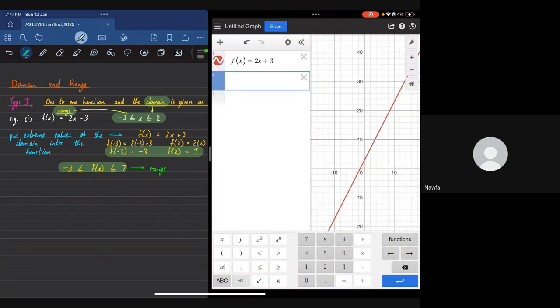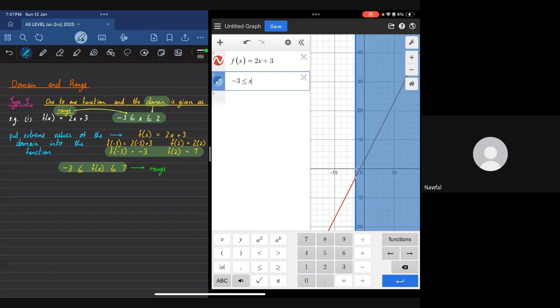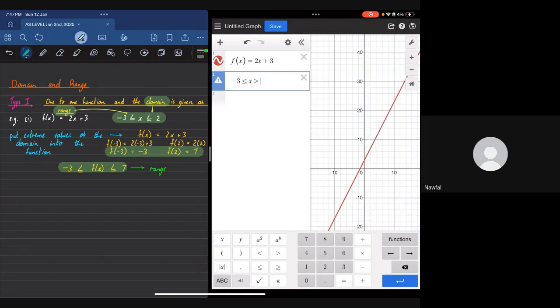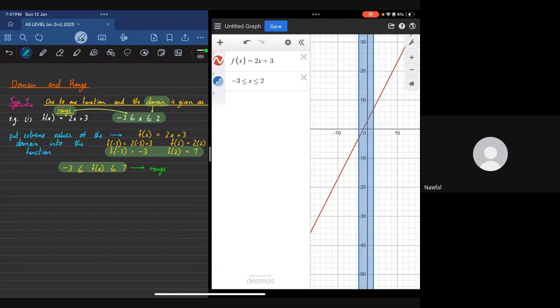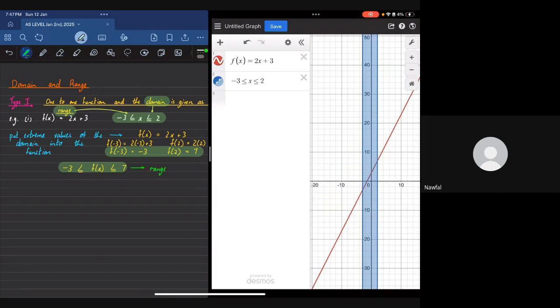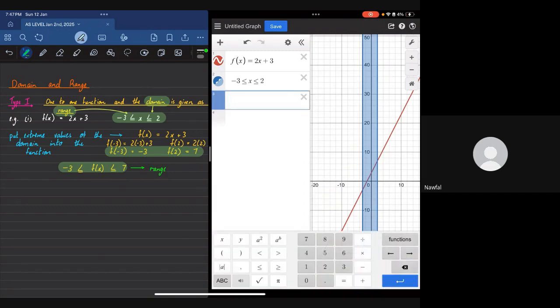And my domain was given to me as -3 is less than or equal to x, and x is less than or equal to 2. That was my region. Now this is my domain. You can clearly see the blue shaded region is my domain.